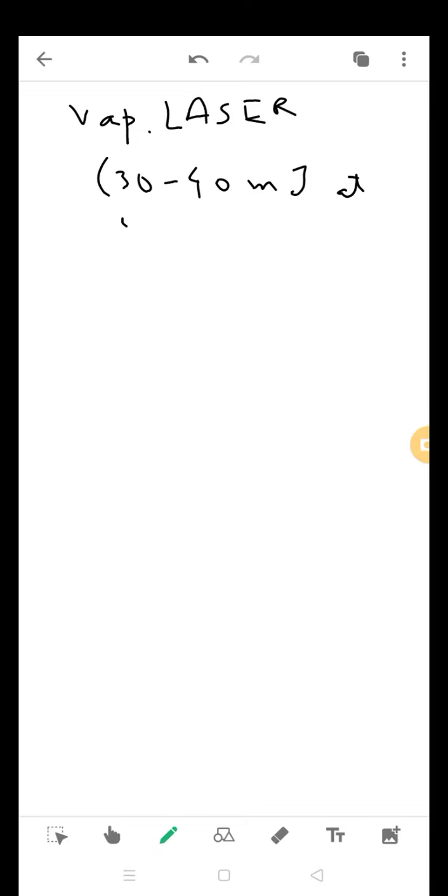The wavelength of the laser was 532 nanometers and the pulse was 5 nanoseconds. This was the parameter of the laser beam that was used for vaporization.